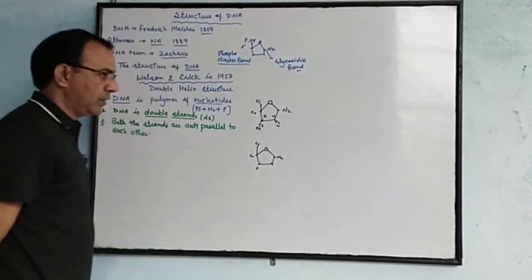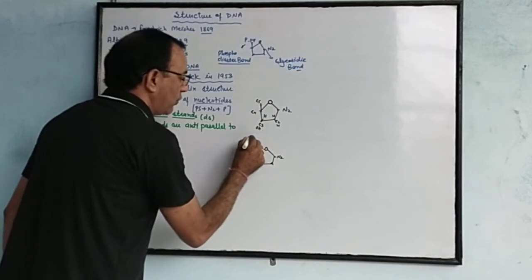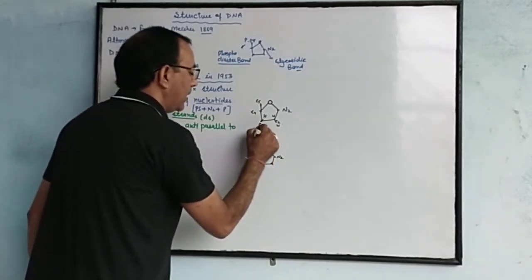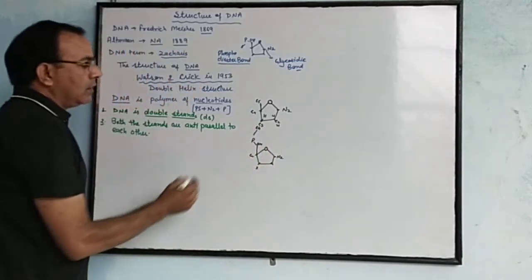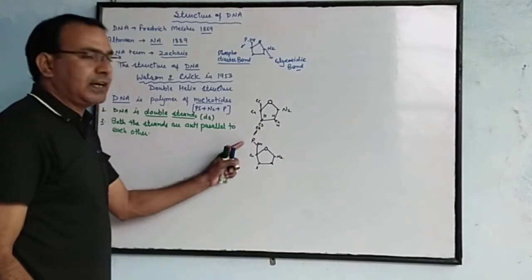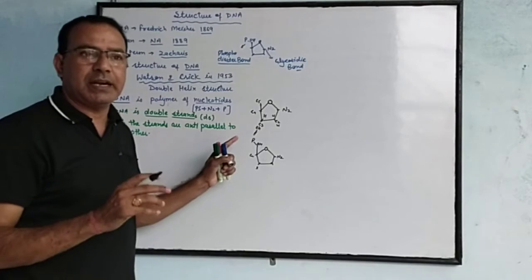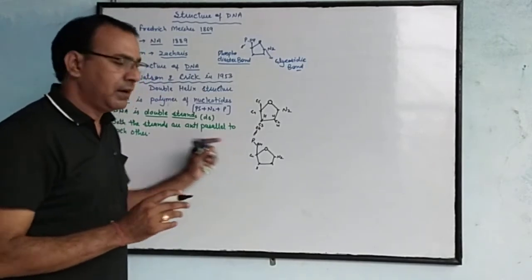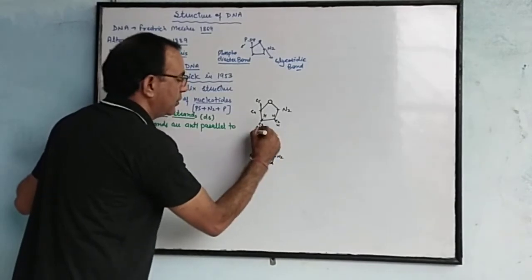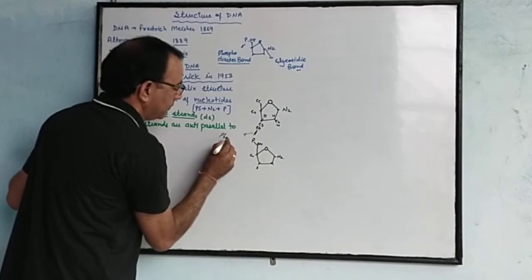At the fifth position, the phosphoric acid or phosphate is attached, and the bond formed between the fifth carbon and the phosphoric acid, when one nucleotide is attached to the other at the fifth position, is known as the phosphodiester bond.